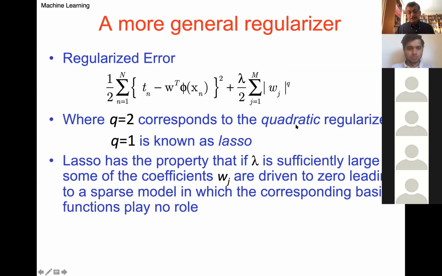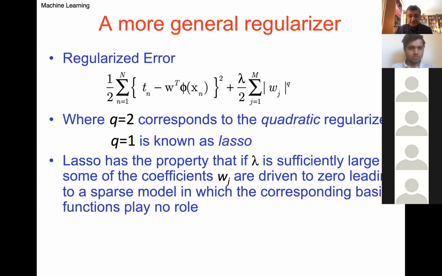All right. And if you choose Q equal to 1, which is not quite the square, but the sum of all these absolute values, that is known as a lasso. So you see in the machine learning literature that other people will say that they used a quadratic regularizer, or they used a lasso regularizer.